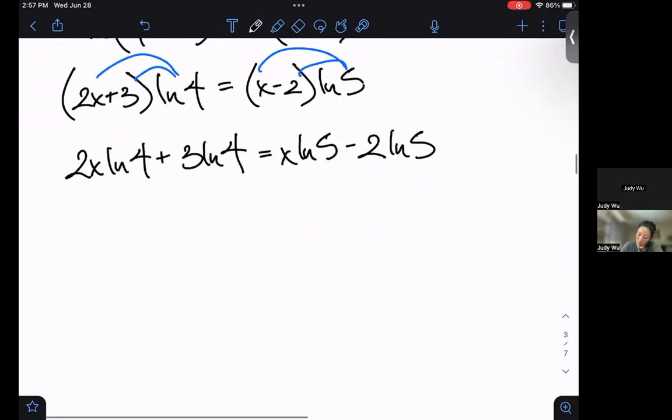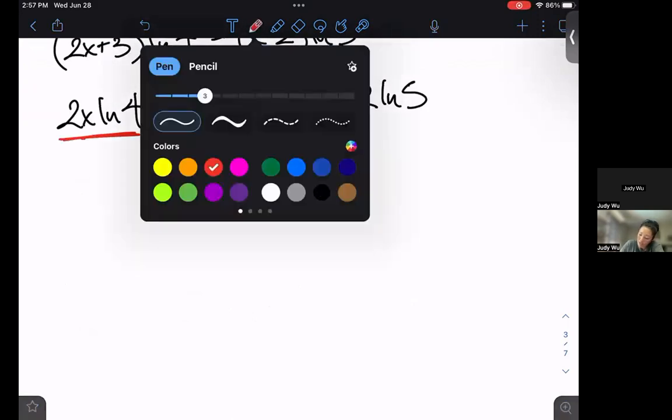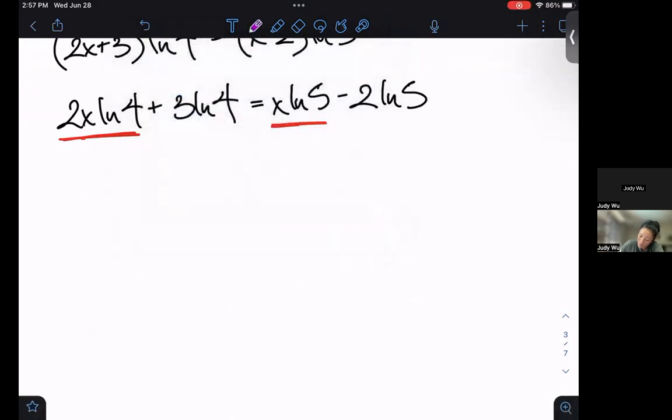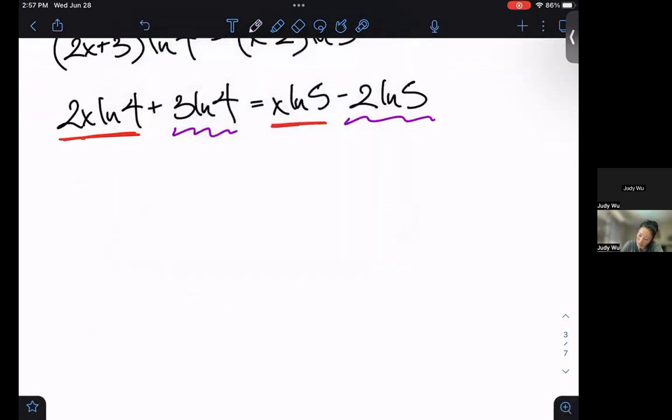And so we're actually going to apply a similar reasoning here, where I'm going to collect the terms that have an x to one side, and on the other side, I'm going to put the terms that don't have the x. And so in this case, I'm going to have 2x natural log 4 minus x natural log 5.